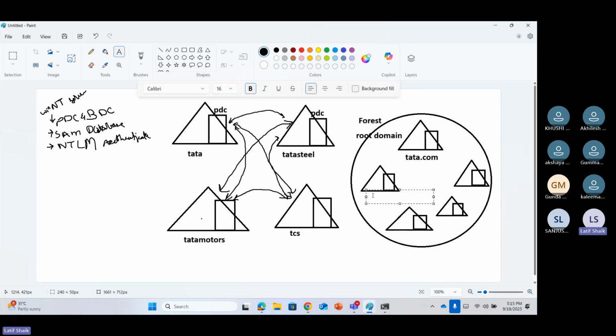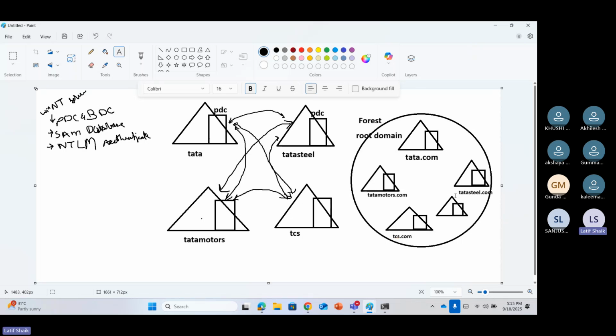So here I put Tata Motors, Tata Steel, TCS, Tata. Okay, so like that.